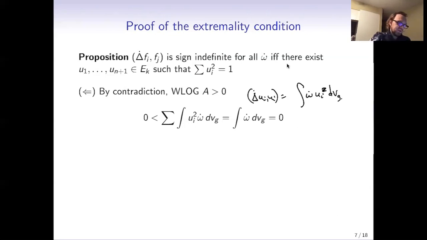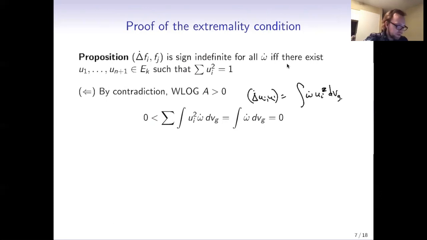So 0 is bigger than this, and if you sum over all i's, you get UI squared equal 1. So you get just the average of omega dot, but we just discussed that the average of omega dot is 0. And you get a contradiction, 0 is less than 0.